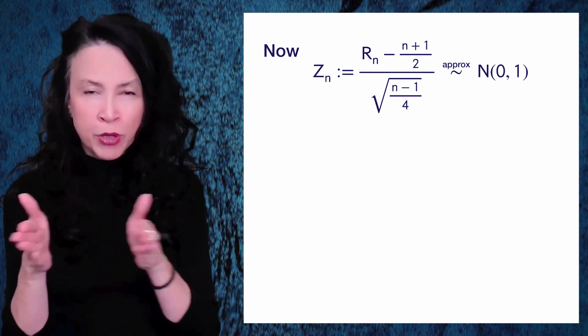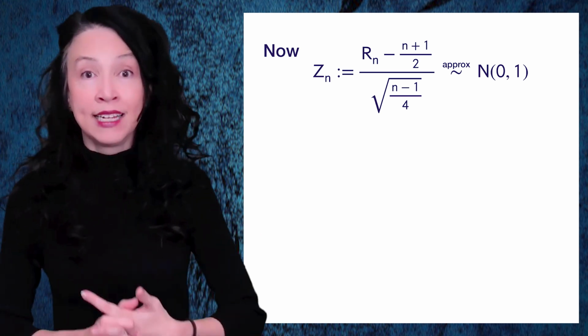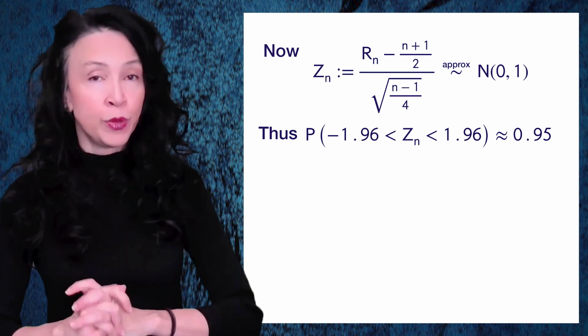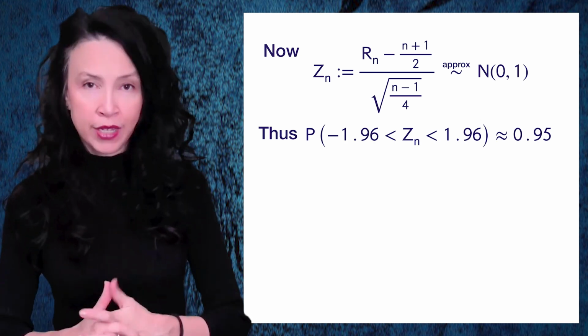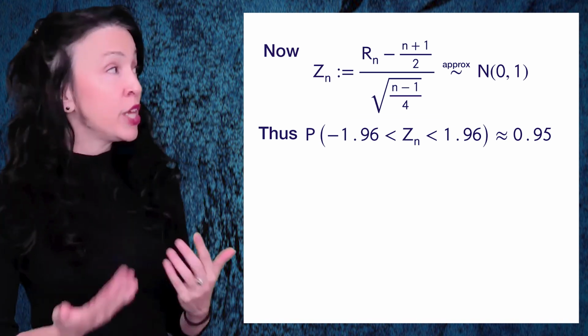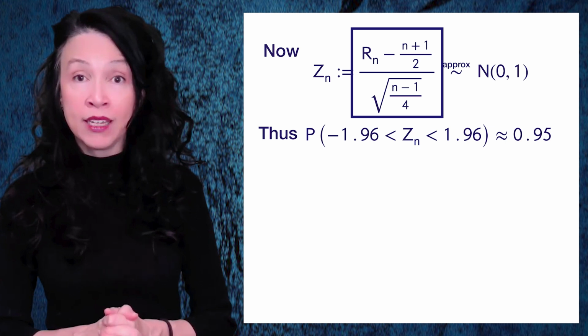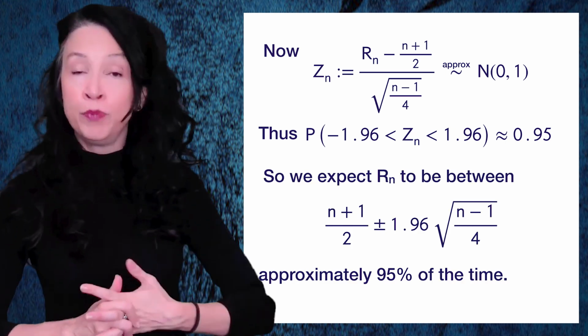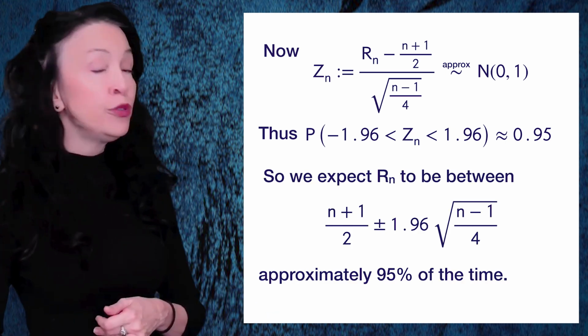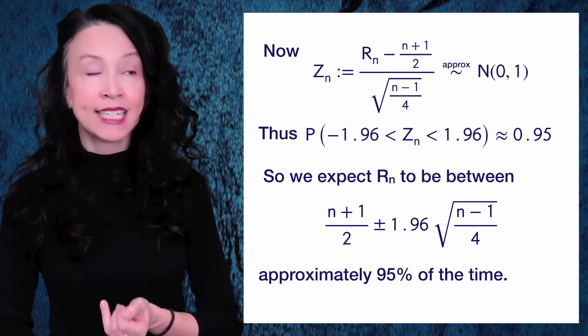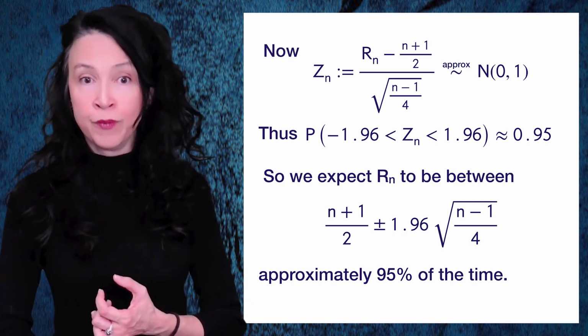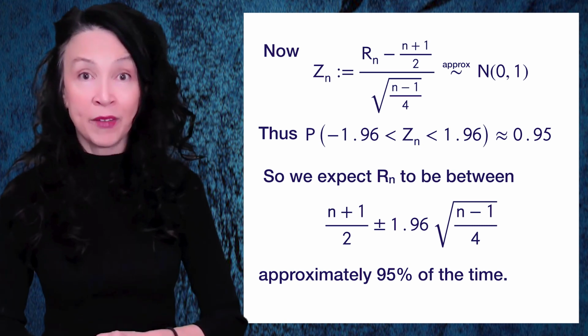Where is Rn supposed to be? Well, this Zn is 95% of the time between negative 1.96 and positive 1.96. So if I plug this whole thing in for Z and solve for where Rn should be, we expect Rn to be between (n+1)/2 plus and minus 1.96 times the square root of (n-1)/4, approximately 95% of the time.